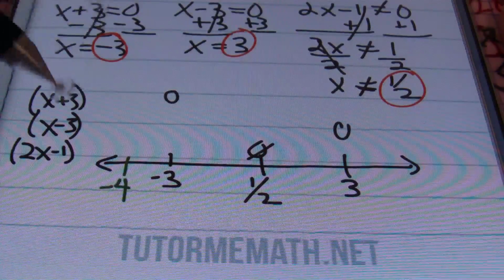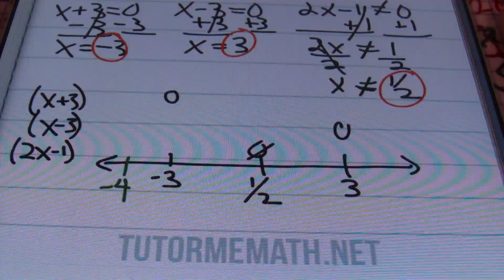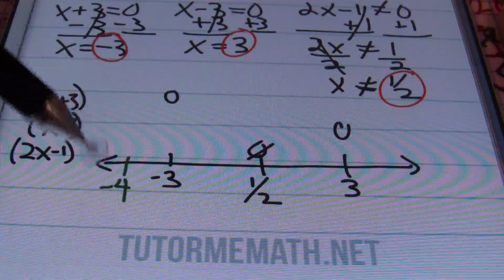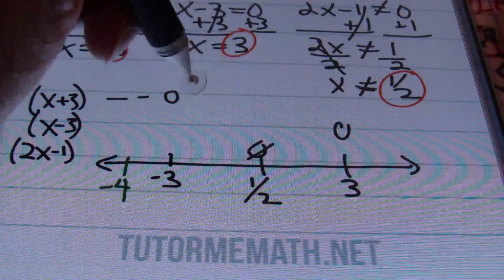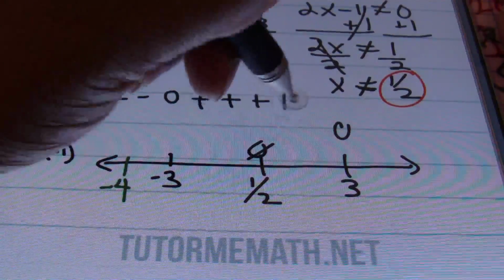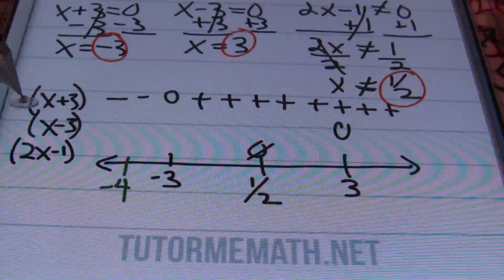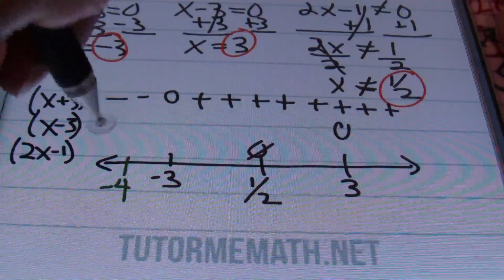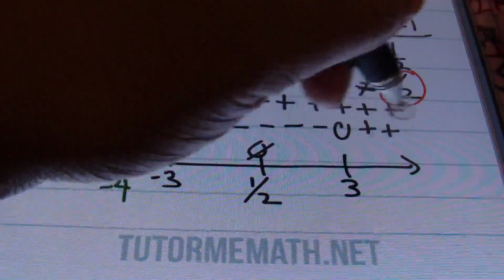What I need to know now is the signs that I generate from this test value, plugging it into my factors. So -4 going into the first factor, I'll end up with a negative result until I get to 0, and then after that the values will become positive, like so. Then plugging -4 into the second factor, I'll have negative results until I get to 0, and then the results will be positive.